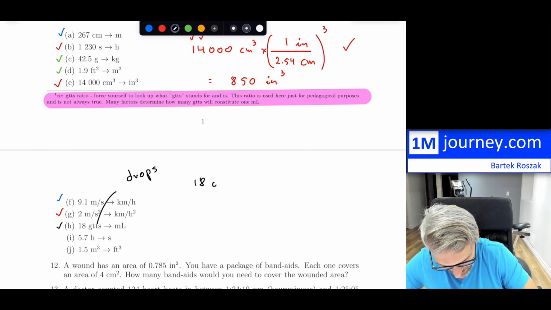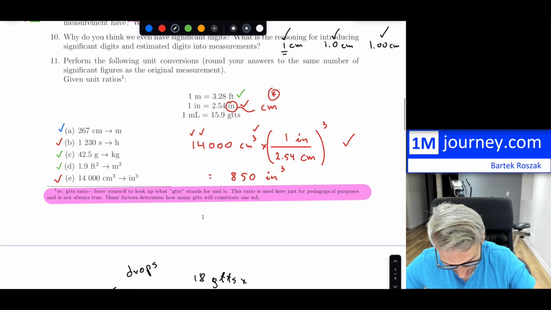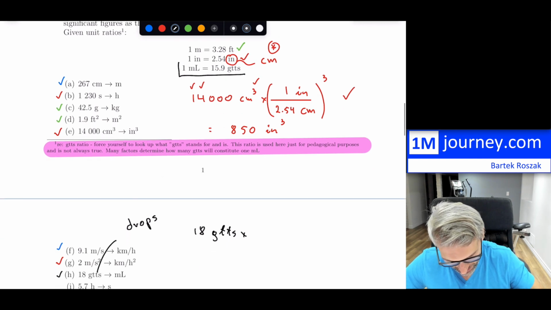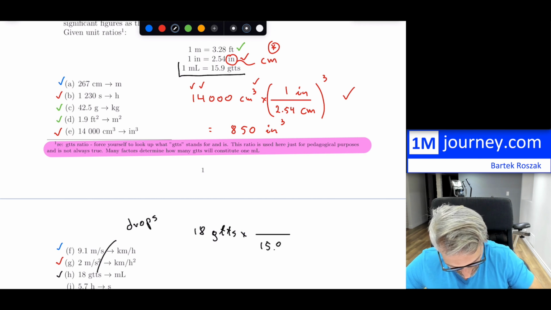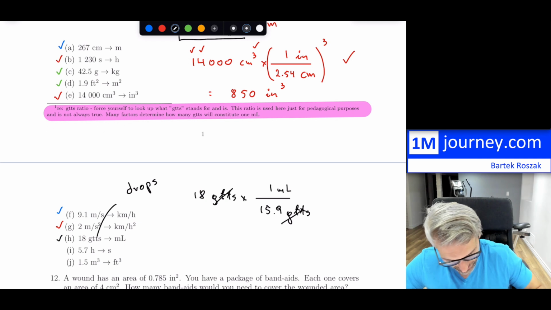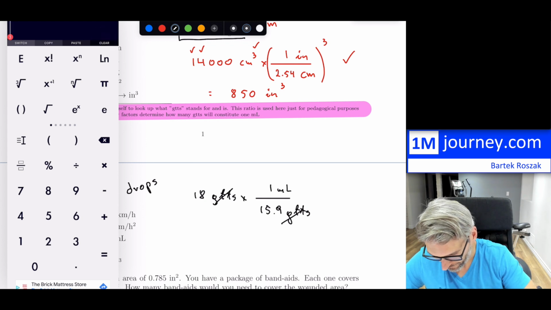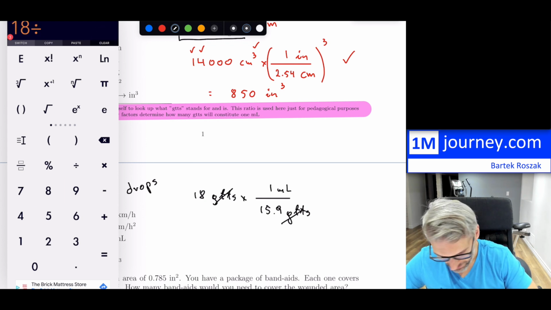So this is not going to be very difficult. Now we want to get rid of this GTTS. I'm going to actually go back. Notice that right here, it says that 1 milliliter is 15.9. Now this doesn't mean that it's always that, but this is now a very easy conversion in comparison to the one that we just did. And this would be for milliliters. So this is gone, and that's very simple now. So 18 divided by 15.9.